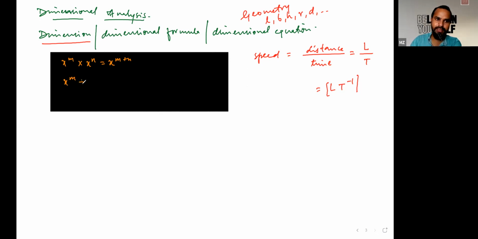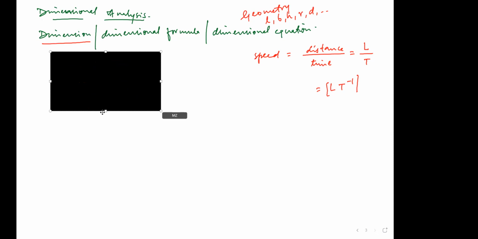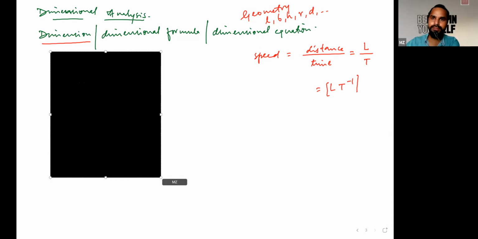Similarly, x raised to the power m divided by x raised to the power n will be x raised to the power m minus n. Similarly, x multiplied by y and whole raised to the power n will become x raised to the power n multiplied by y raised to the power n. Is it clear? Yes, sir. There are certain more relations.